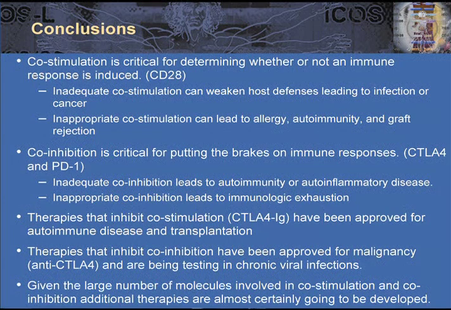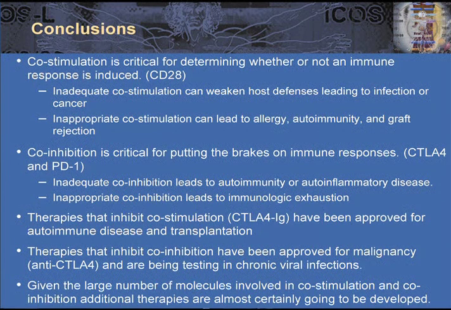So in conclusion, co-stimulation is critical for determining whether or not an immune response is induced, and the key molecule for co-stimulation is CD28, interacting with B7-1 and B7-2 on the surface of cells. If you have inadequate co-stimulation, you can have weakened host defenses leading to infection or cancer. If you have inappropriate co-stimulation, you can have allergies, autoimmunity, and graft rejection.